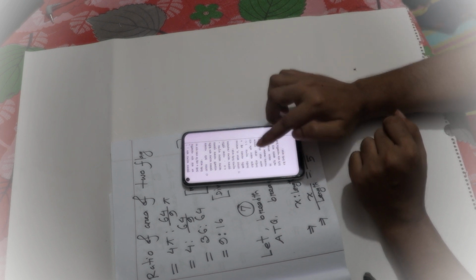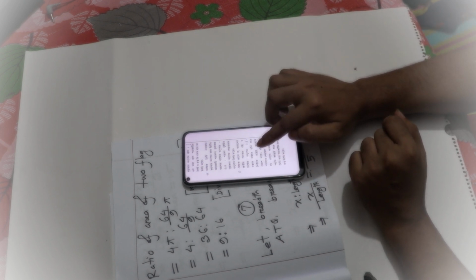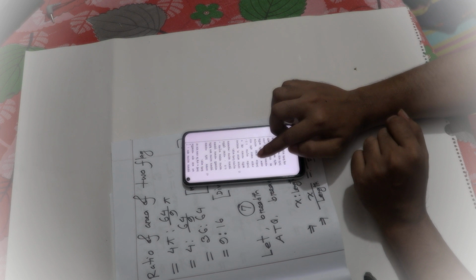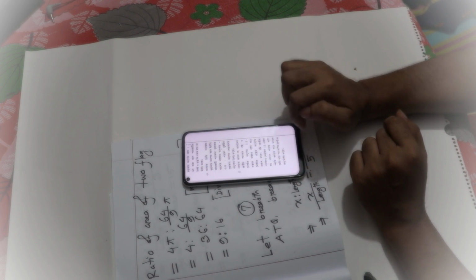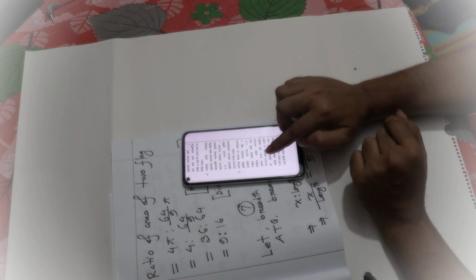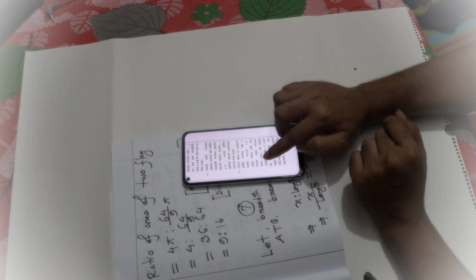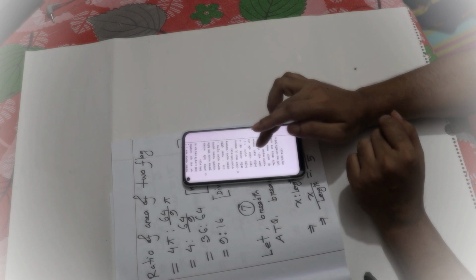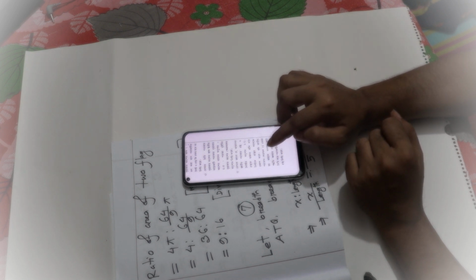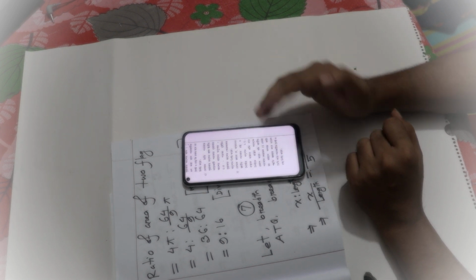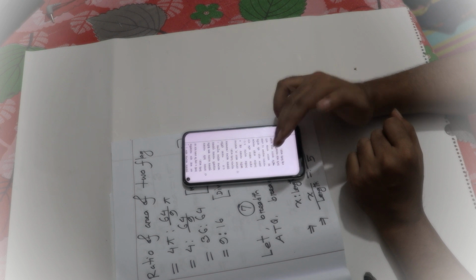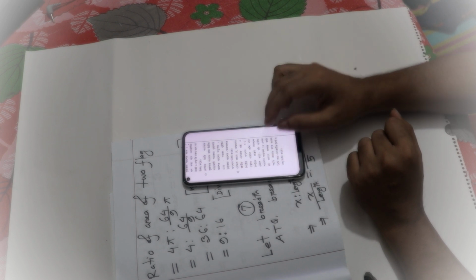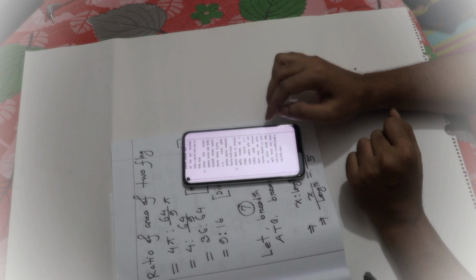Suppose you don't know the breadth. You just consider the breadth an unknown quantity and express length in terms of breadth.